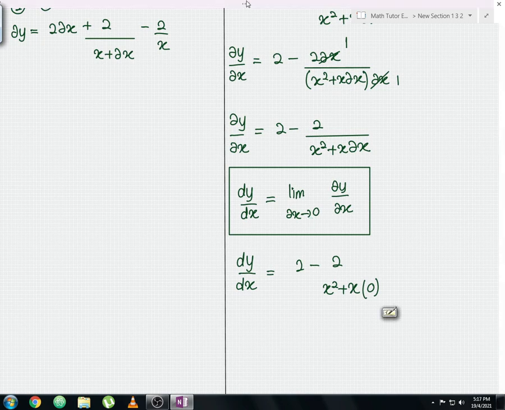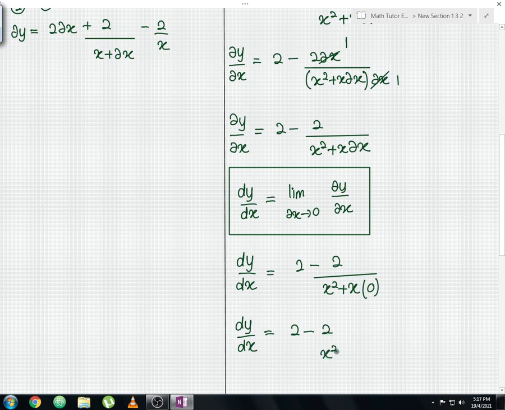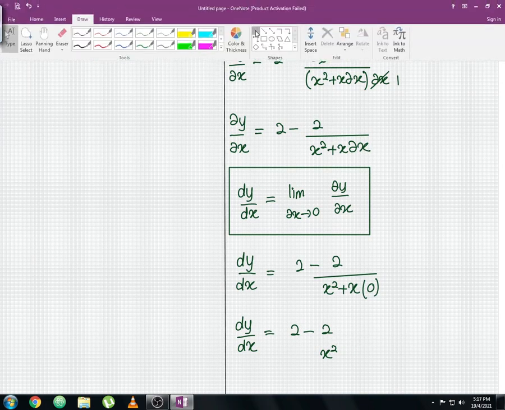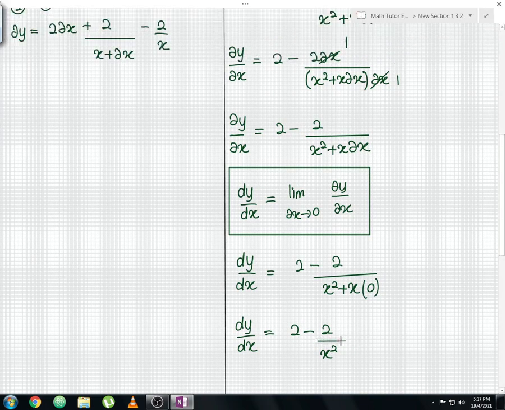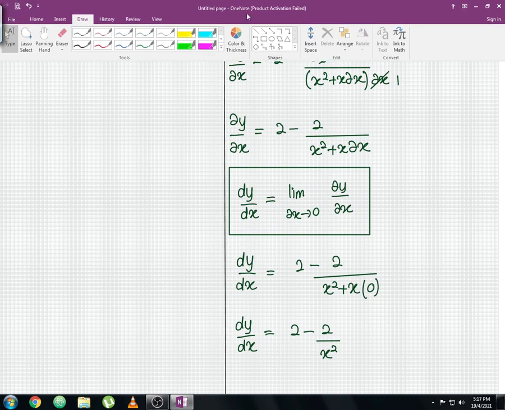Let me underline the fraction. So you calculate this, you should get your dy over dx equals to 2 minus 2 over x square. So this is your final answer, guys. Let me underline the fraction and underline the solution.